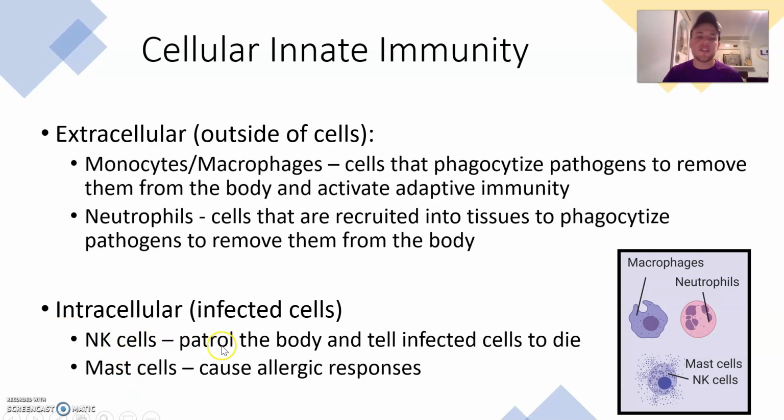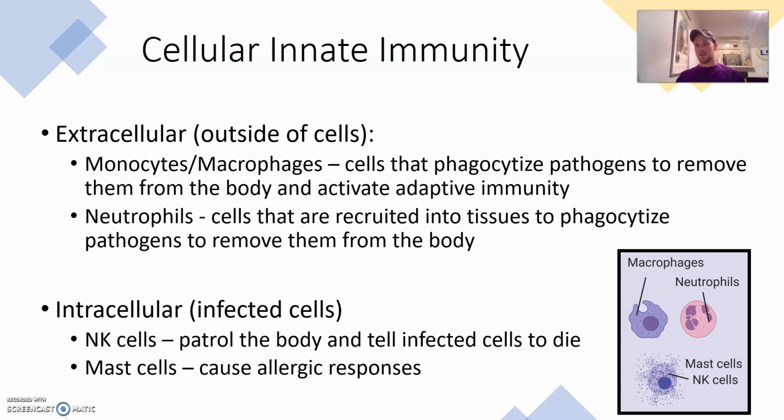But we are going to talk about what's called an NK cell. NK stands for natural killer. I probably should have put that in here. These cells patrol the body, and they have a way to detect whether a cell is infected or not, whether there's a pathogen inside your cell, like a virus.